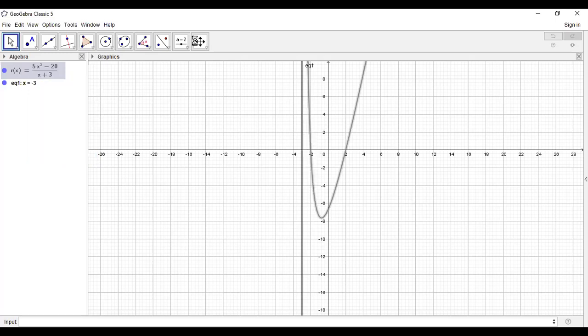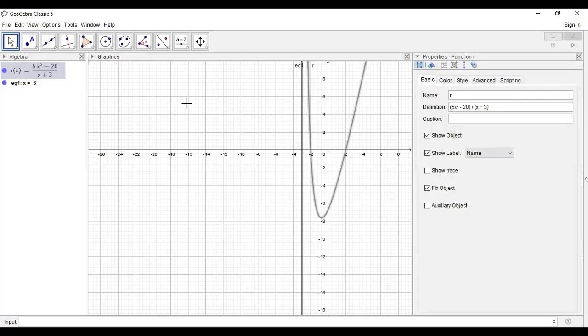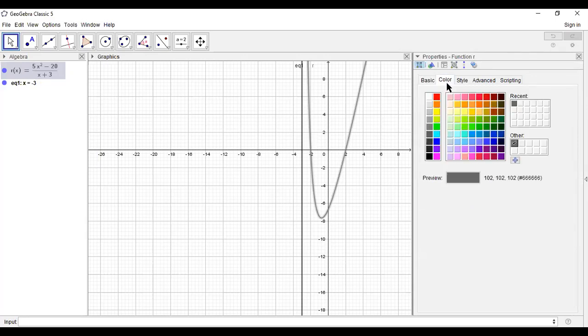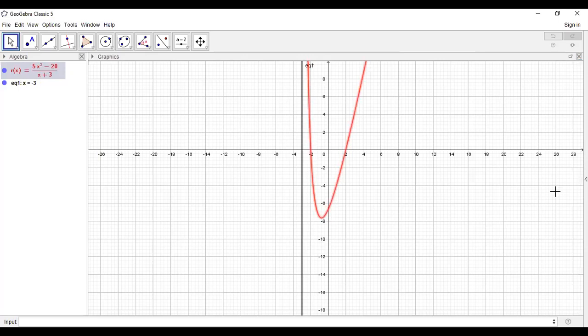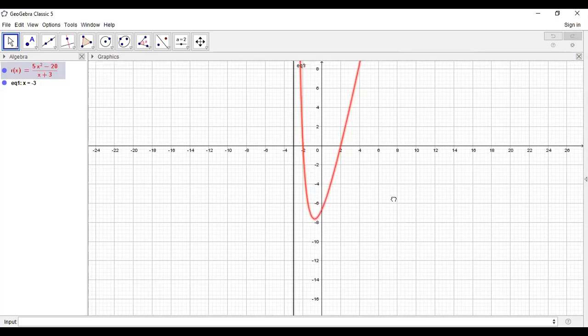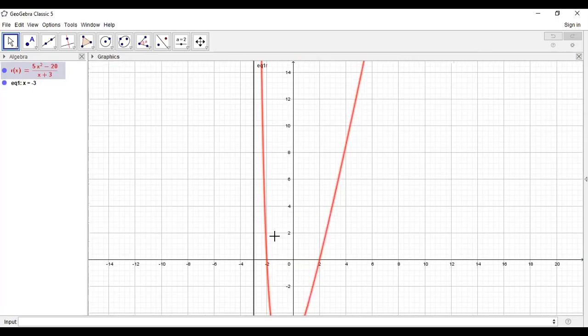Kung mapapansin nyo, class, parang padikit siya dito sa ating x is equal to negative 3. Yung red natin, ito yung x is equal to negative 3 natin.